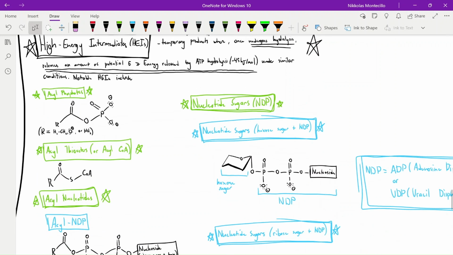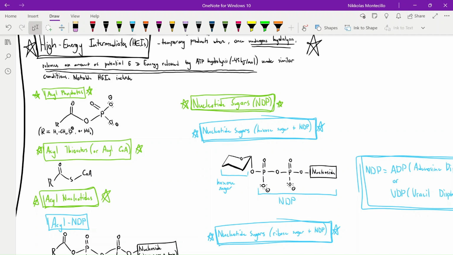Notable high energy intermediates include acyl phosphates, where R equals H, a CH2 compound, so part of a chain, an oxygen atom that has a charge, or an amine.